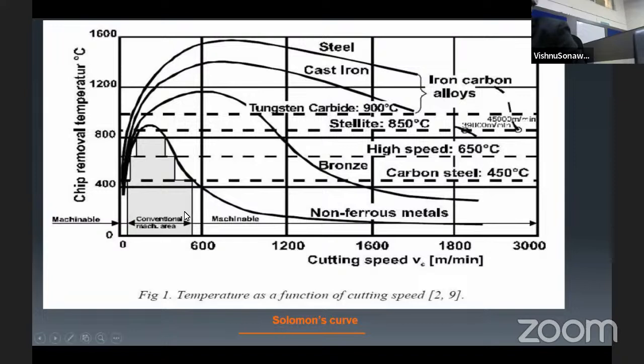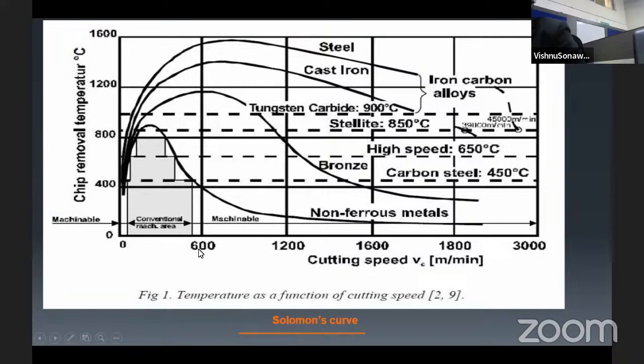See, in conventional machining centers, the cutting speed goes to 450 to 500 meters per minute, and the chip removal temperature will be 800 degrees Celsius.